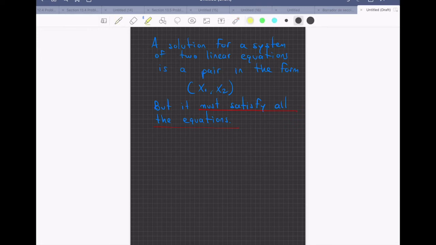By the way, geometrically, for a system of two linear equations, we have only these possibilities.